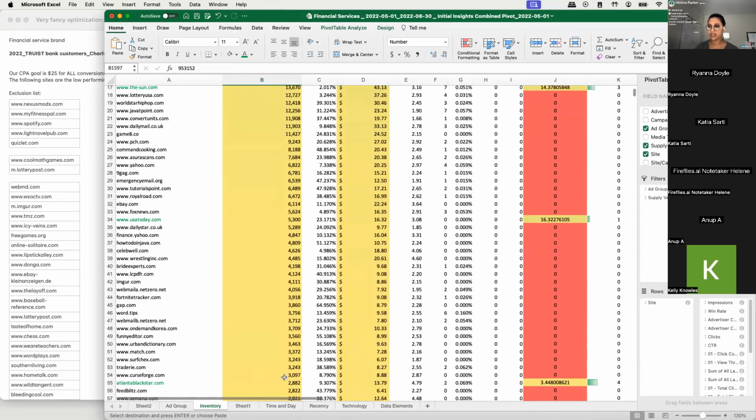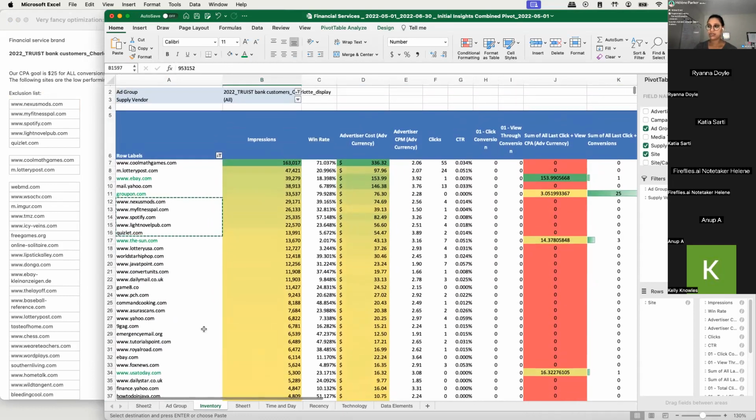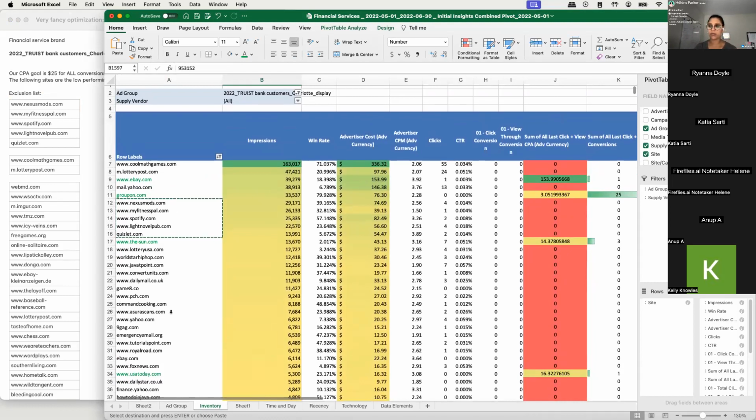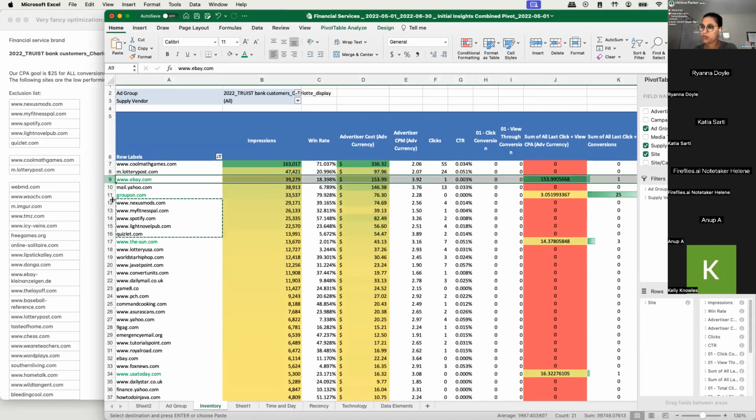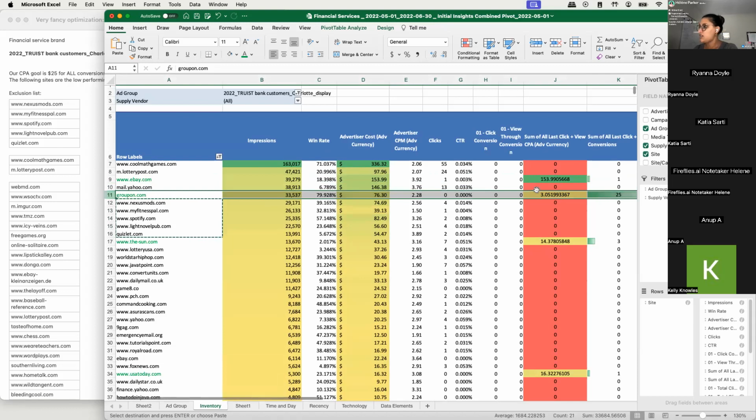Like you're okay. But again, if you don't want to cut them all at once, then definitely cut the ones that have the highest spend with absolutely no conversion. Now let's say in 2-3 days you come back, you do the same thing, and you see that some of those, like eBay and Groupon, are still not performing.